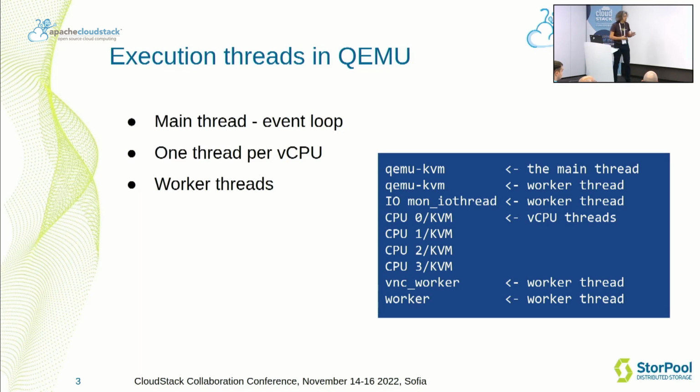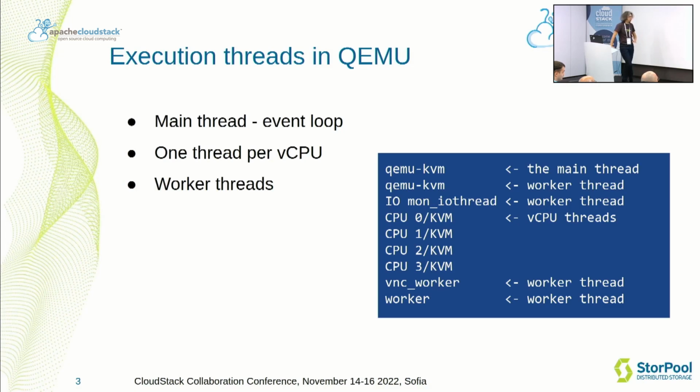So in a typical QEMU KVM process, you can see we'll have these threads. The first one is the main thread with the same name. There is a worker thread that does some different stuff, I'm not sure exactly what. Then we have several different worker threads. This thread, iothread, has nothing to do with iothread.